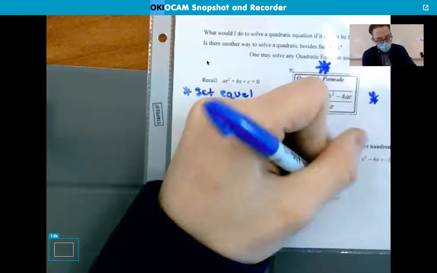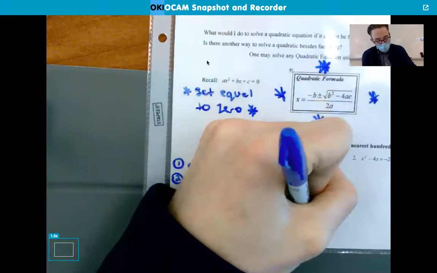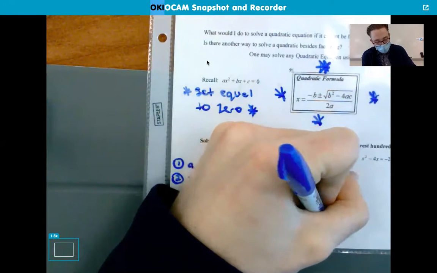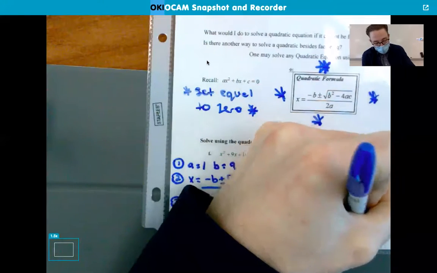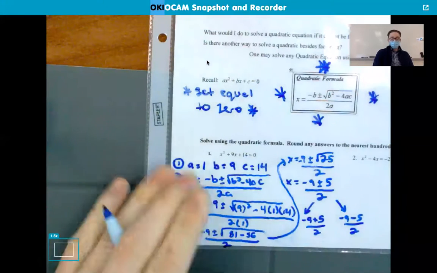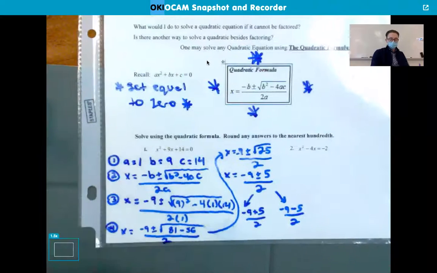So you want to break this up into negative 9 plus 5 over 2, negative 9 minus 5 over 2. Because we're trying to find our 2 solutions.